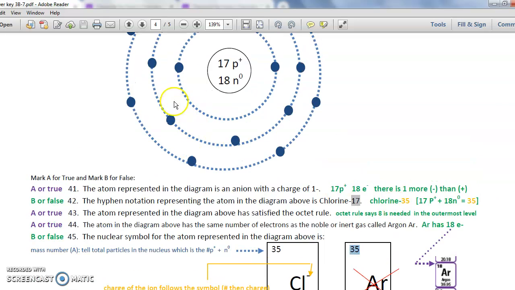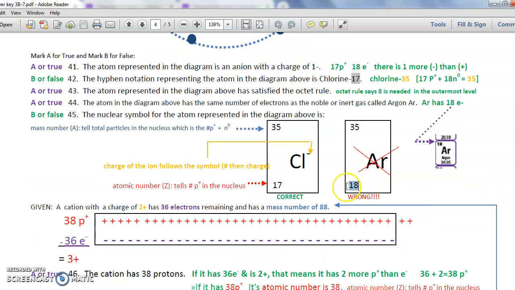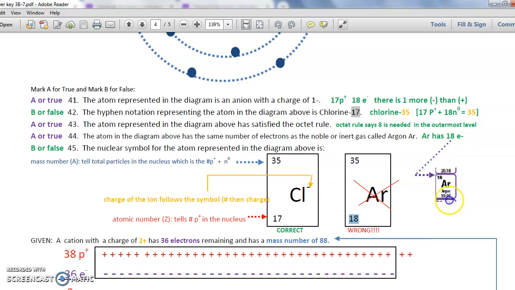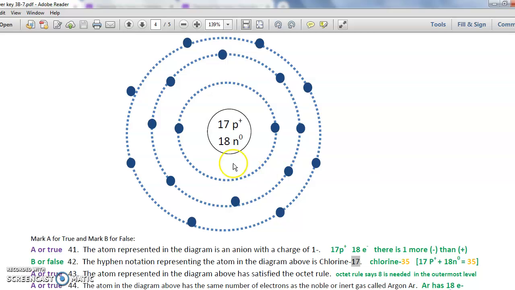But they do not put the number of neutrons in the lower left-hand corner, 18, because who cares how many neutrons it has? Different atoms can have different numbers of neutrons. And they don't tell you how many electrons. That 18 could be the number of electrons. In the lower left, they tell you how many protons there are.